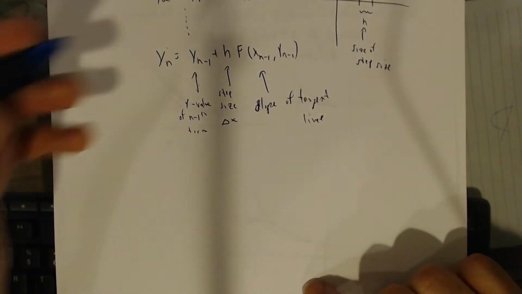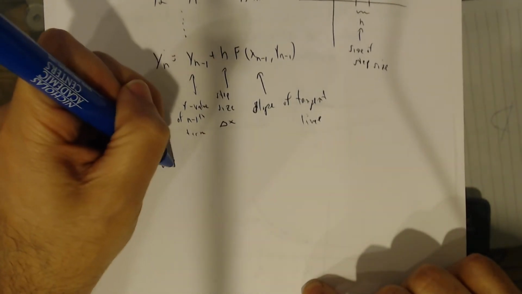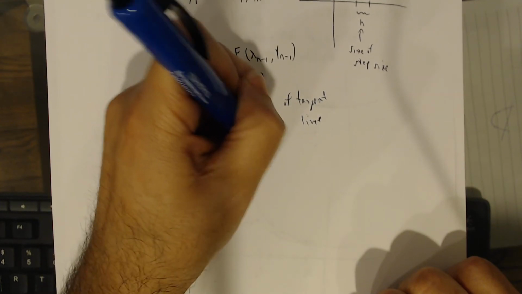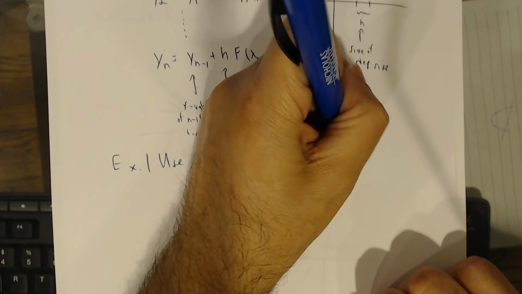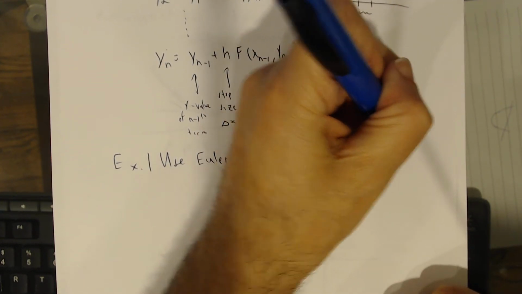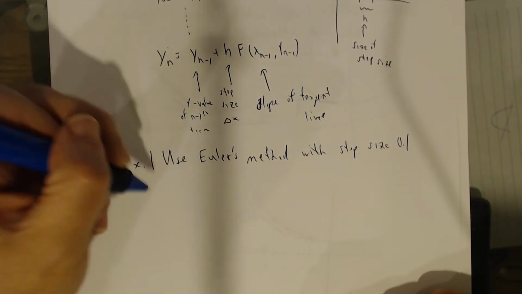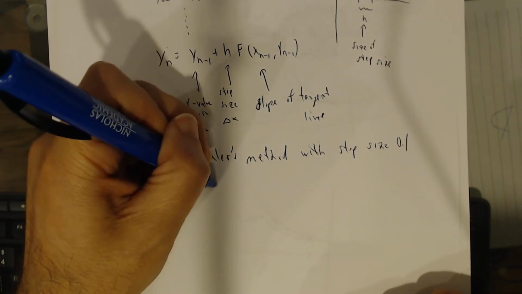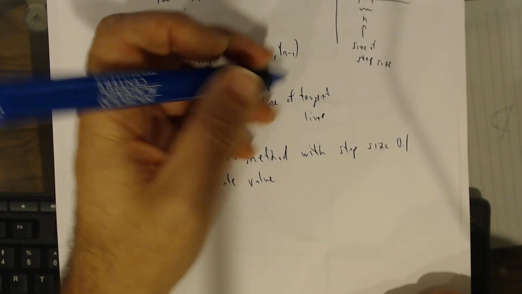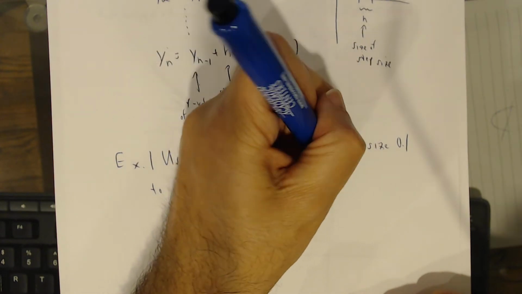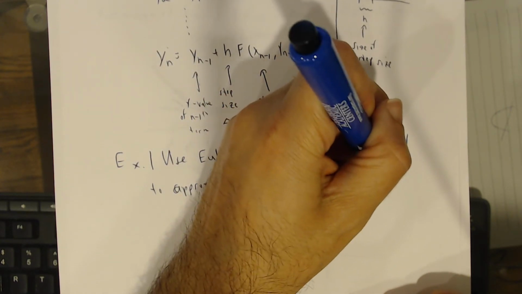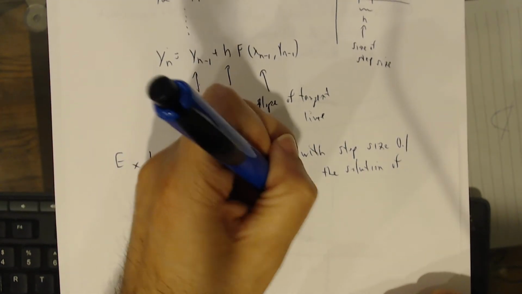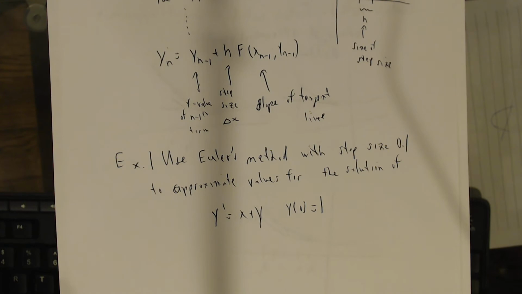Okay, so let's look at an example. We're going to say use Euler's method with step size 0.1 to approximate values for the solution of y prime equals x plus y and y sub 0 equals 1.